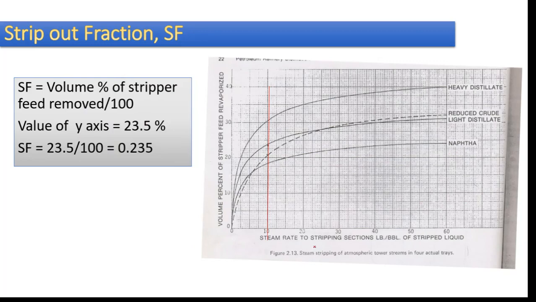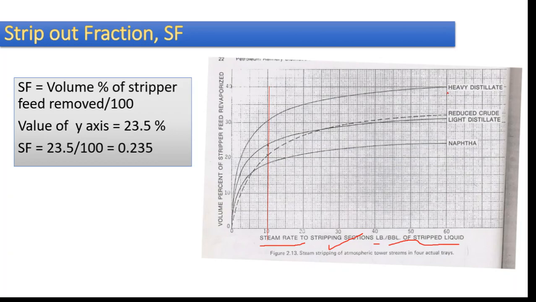For example, the x-axis is the steam rate. That is the important thing. The steam rate may be 10, which is a very common value, so 10 pounds of steam per barrel of the stripped liquid. If 10 is given, you can draw the line at the flow rate of 10 pounds of steam.